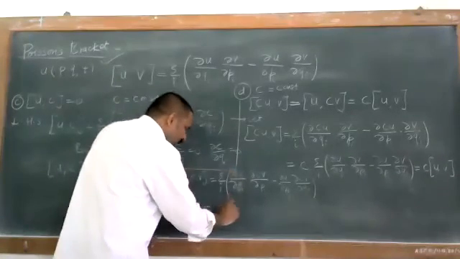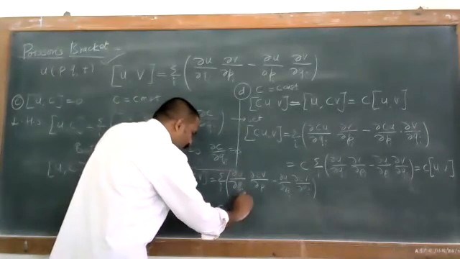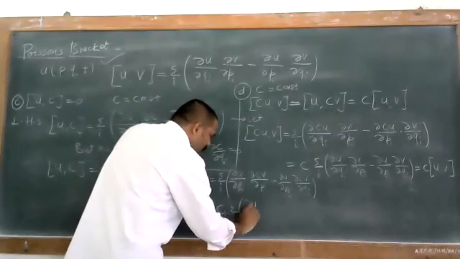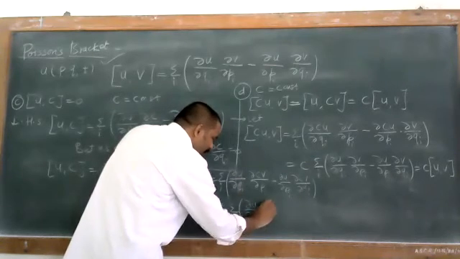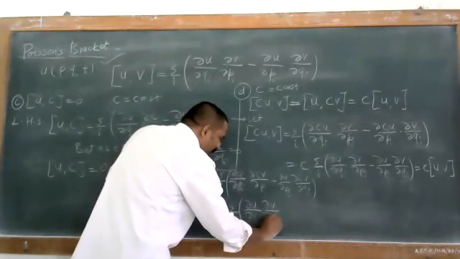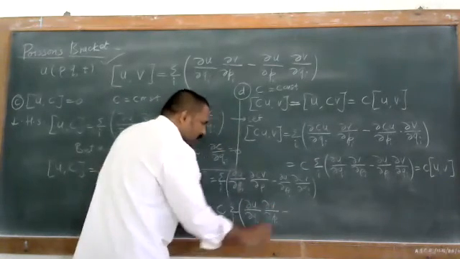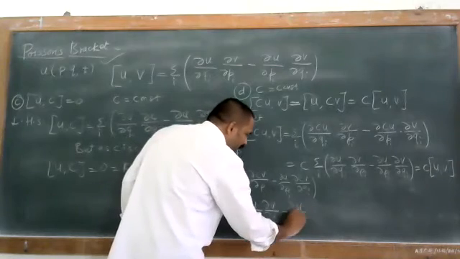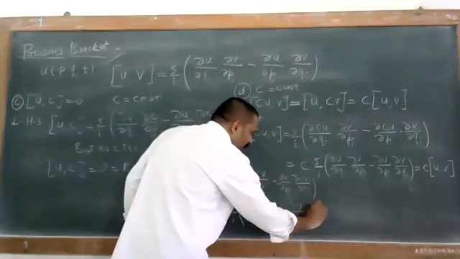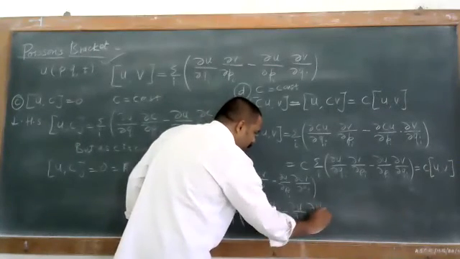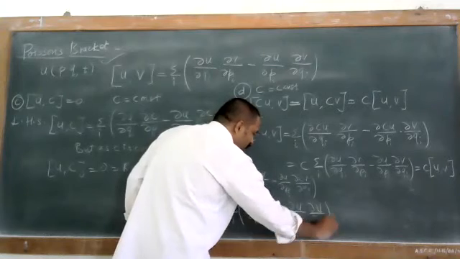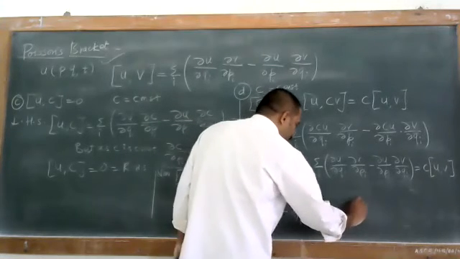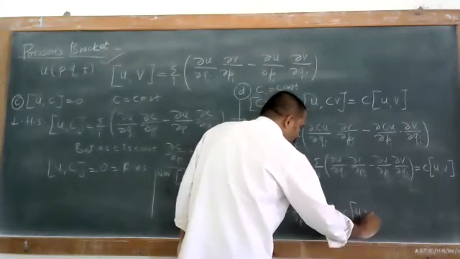So this is C into the summation over i of ∂U/∂Qi into ∂V/∂Pi minus ∂U/∂Pi into ∂V/∂Qi. And what is this? This is nothing but C into the Poisson bracket of U, V.